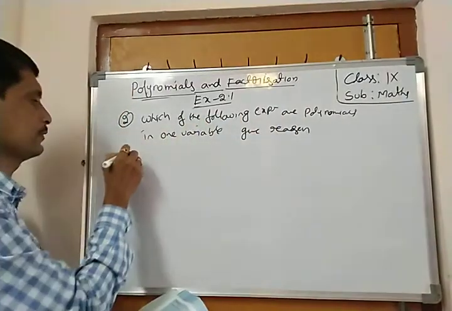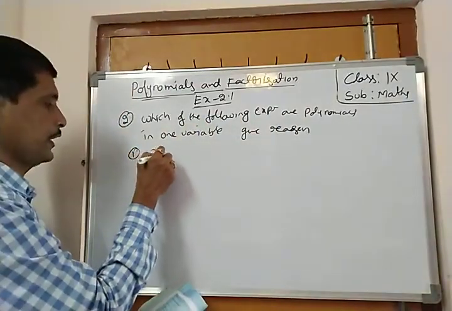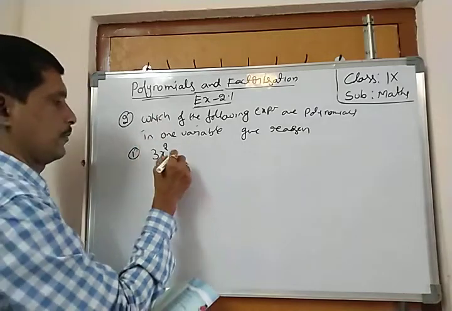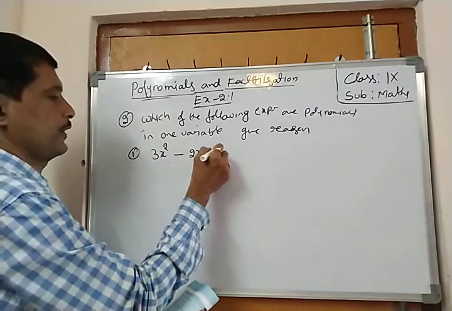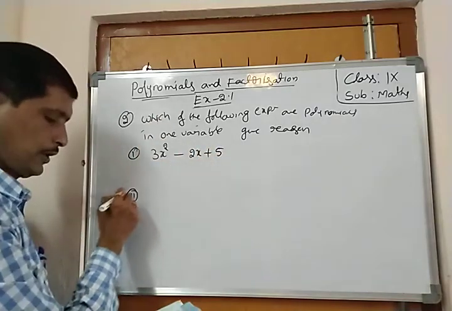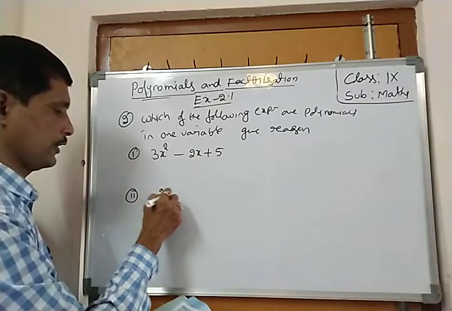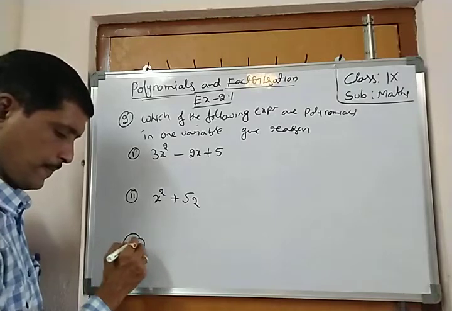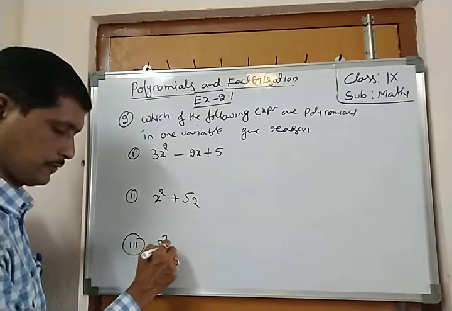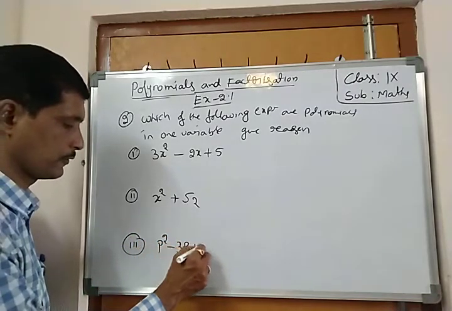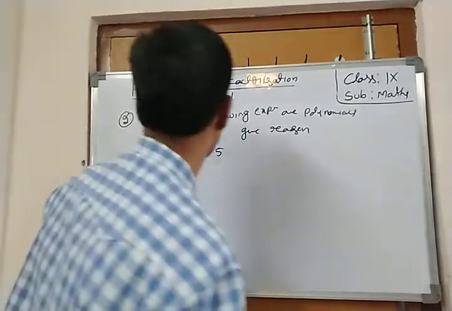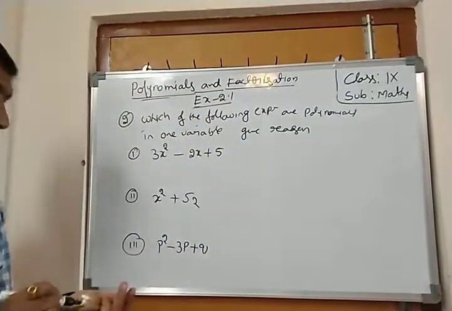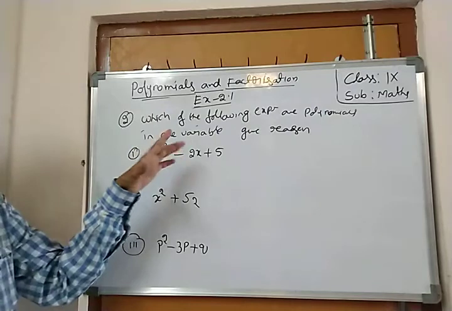Here first one, 3x square minus 2x plus 5. The second one, x square plus root 2. And the third, p square minus 3p plus q.